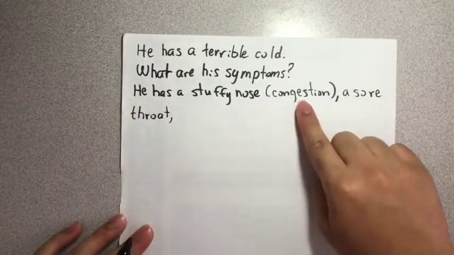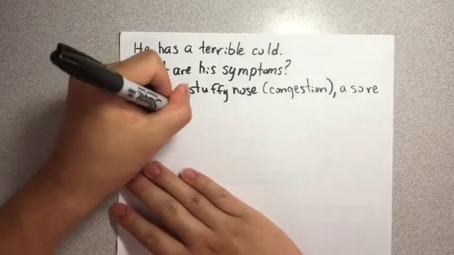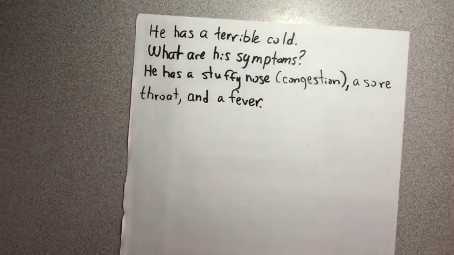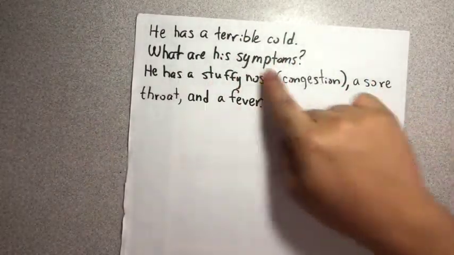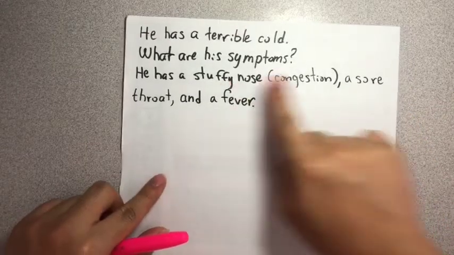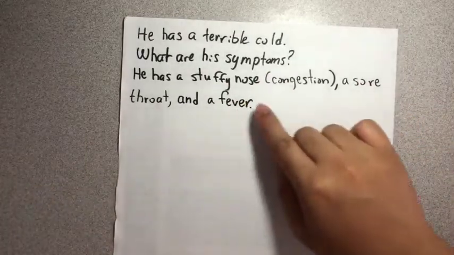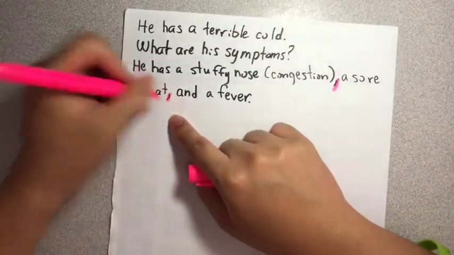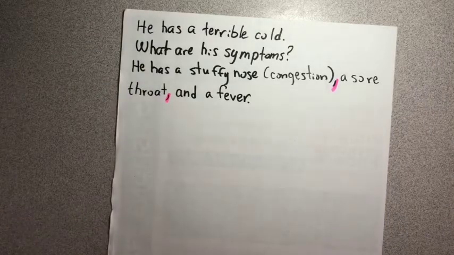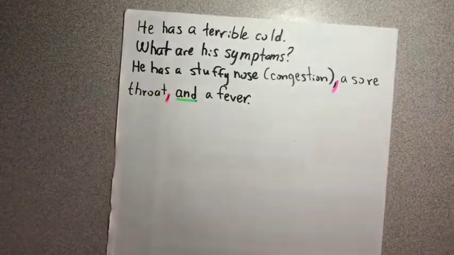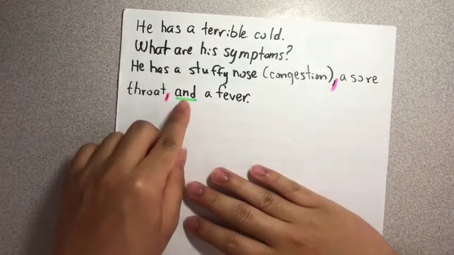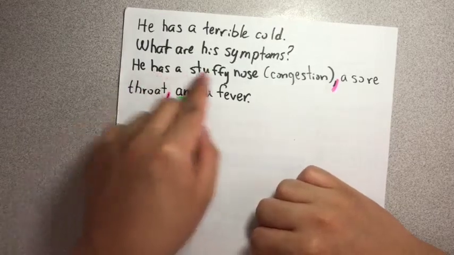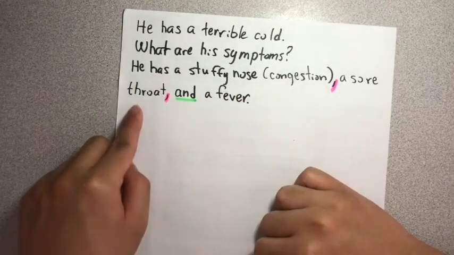He has a stuffy nose, a sore throat, and a fever. So, he has a terrible cold. What are his symptoms? He has 3. 1, 2, 3. He has a stuffy nose, comma, a sore throat, comma, and a fever. The word "and" goes before the last thing, the last symptom. So his symptoms are a stuffy nose, a sore throat, and a fever.